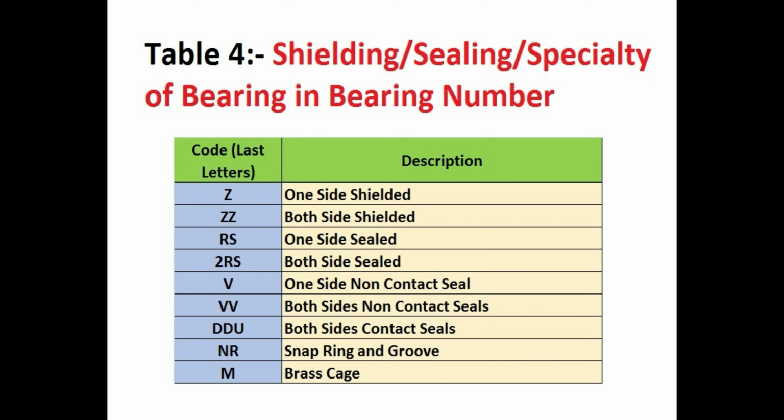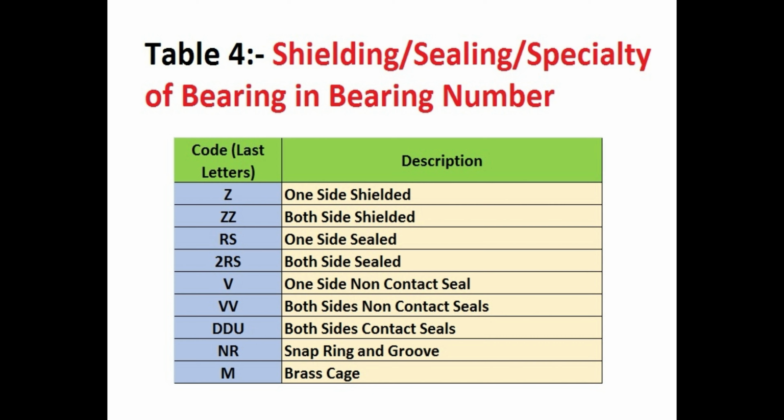Sealing and speciality of bearing in bearing number. The last letters of the bearing indicate the availability, unavailability, or type of sealing and other speciality in the bearing. The various types of indications are below. Code, the last letters. Then what are the descriptions for these codes? If code G, then it is one side shielded. If code GG, then the bearing is both sides shielded.